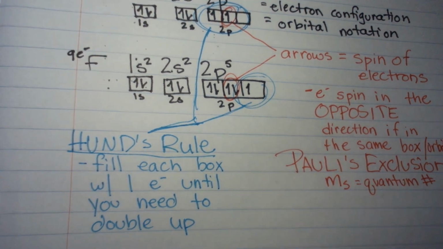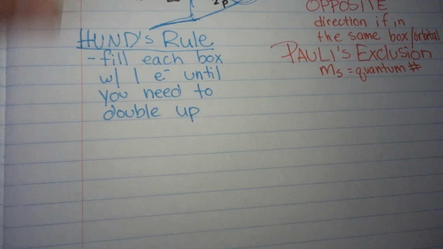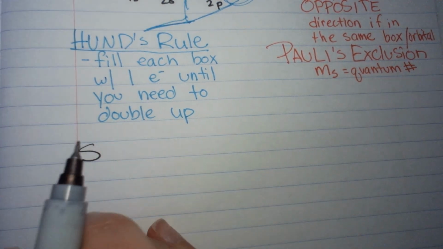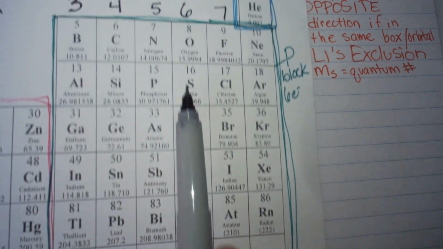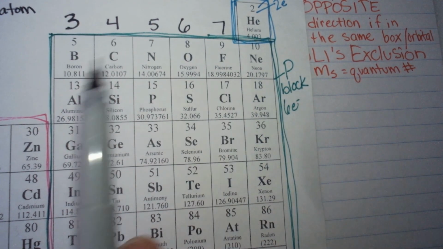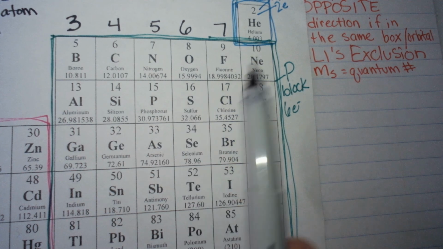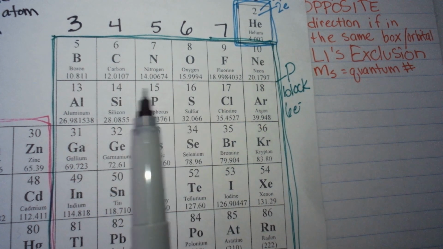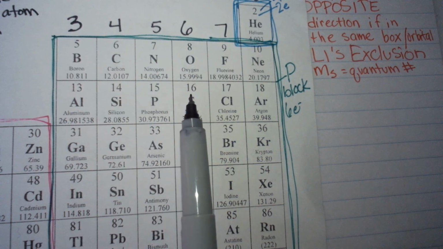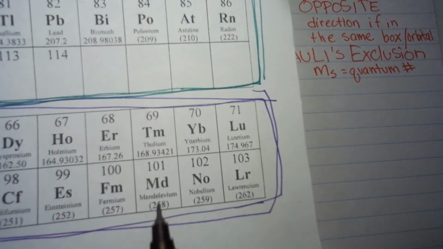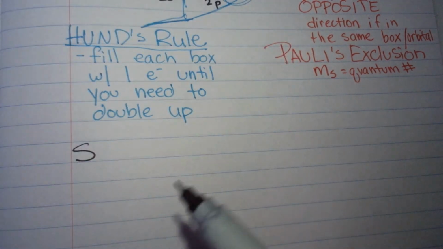So let's do sulfur. If we look at our periodic table, sulfur is number 16. It's in the P block. Sulfur sits at 3p4. So it has 16 electrons.